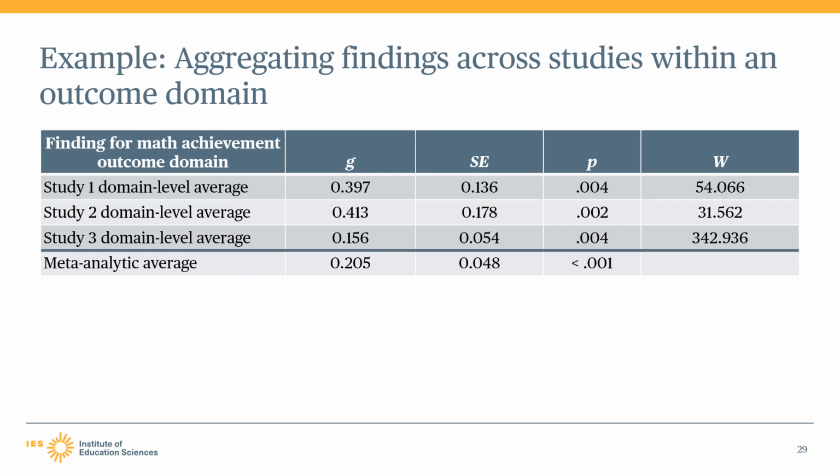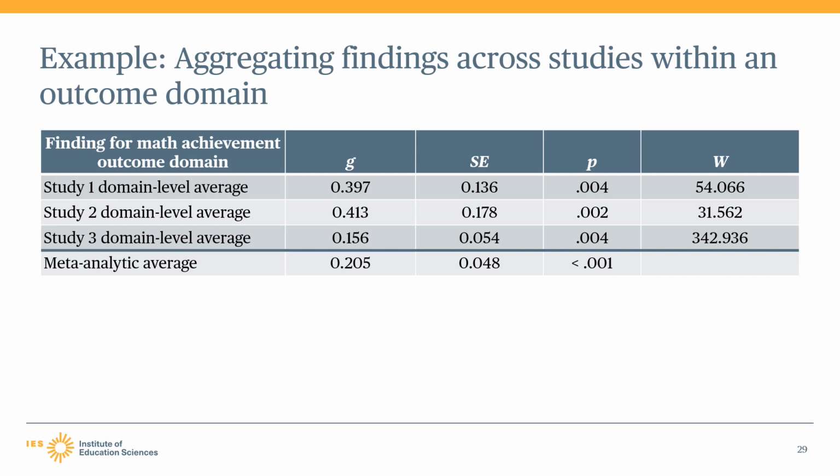Imagine the WWC is conducting an intervention report examining the effects of a specific math intervention on students' math achievement outcomes. Let's say there were 3 RCTs that all had study-level research ratings of meets WWC standards without reservations.